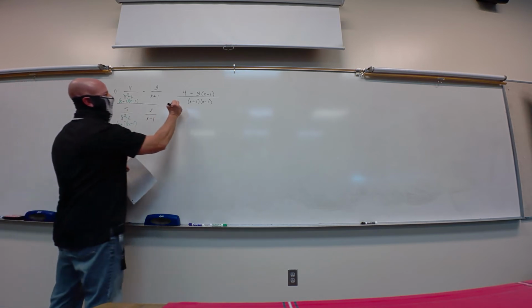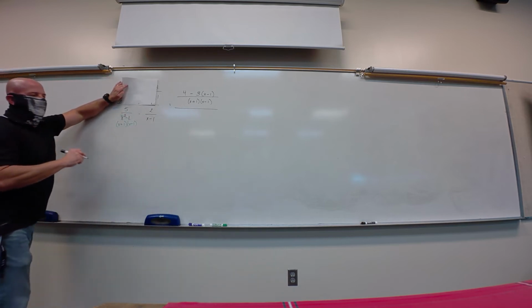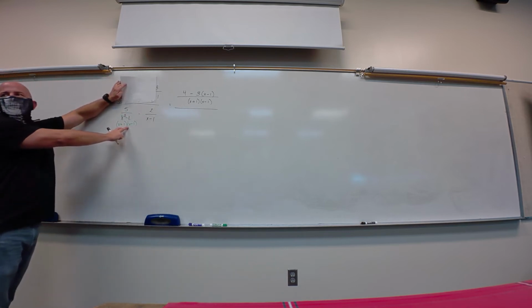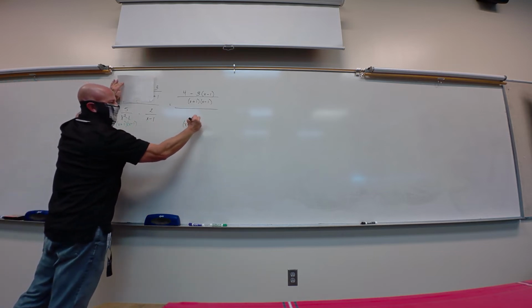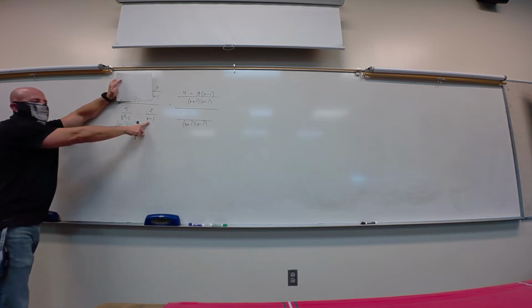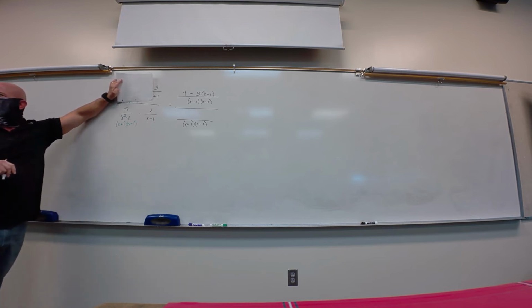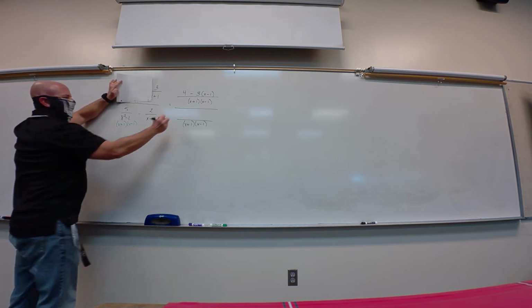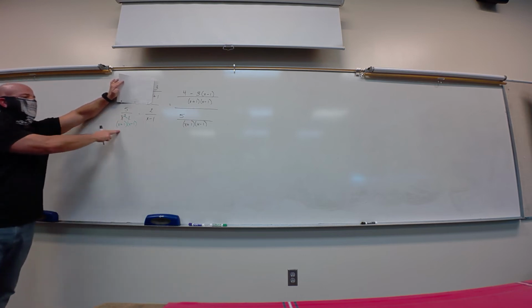I then go to the bottom. Same idea. I'm going to write my first one down. Then I'm going to go to the second one. Wait, I don't need it. I've already got it there. I'm good. I feel comfortable with that. 5 times nothing because it already has the common.